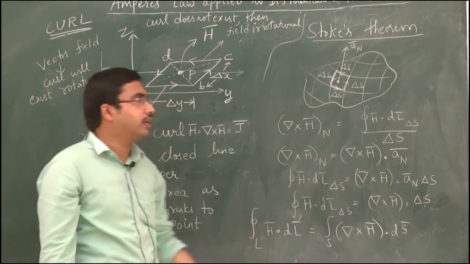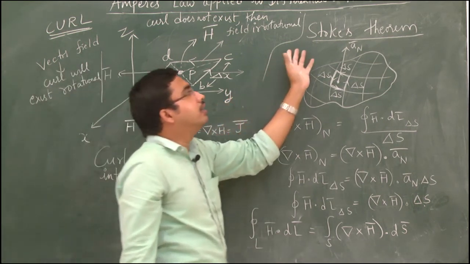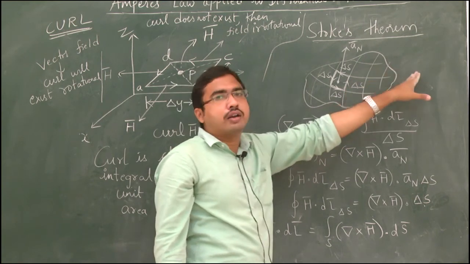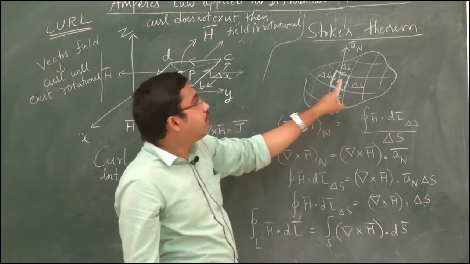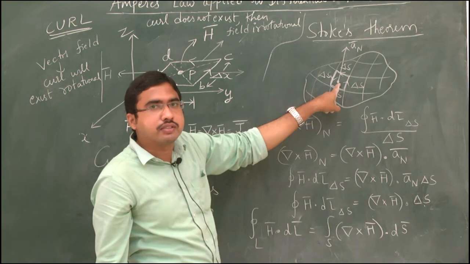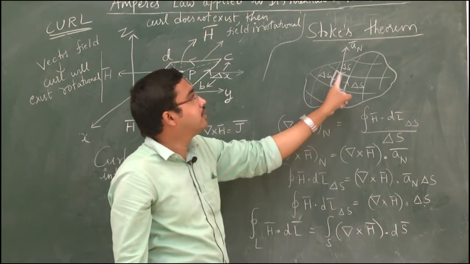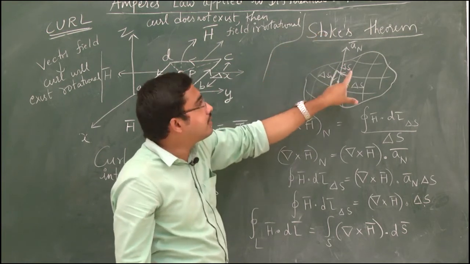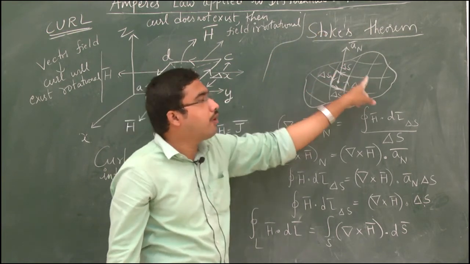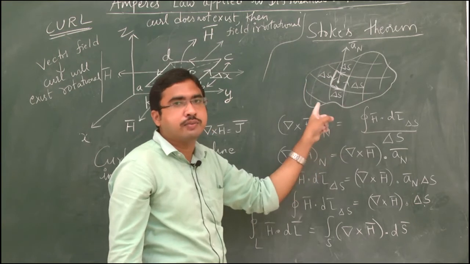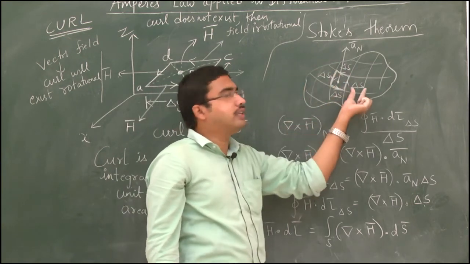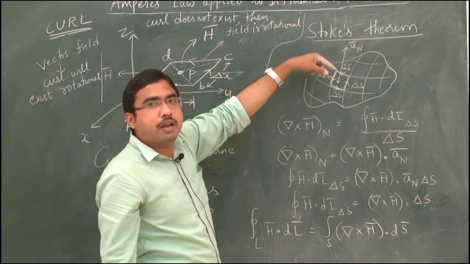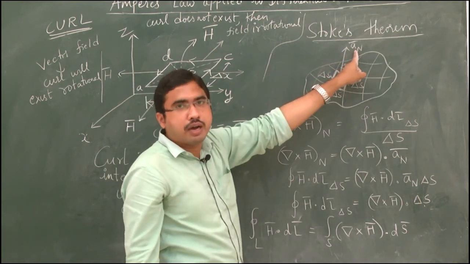For that, instead of considering the total surface of the body, take only a small differential surface with its surface areas as delta S. These are the small differential surface areas delta S. Now the unit vector that is perpendicular to the surface is an bar.